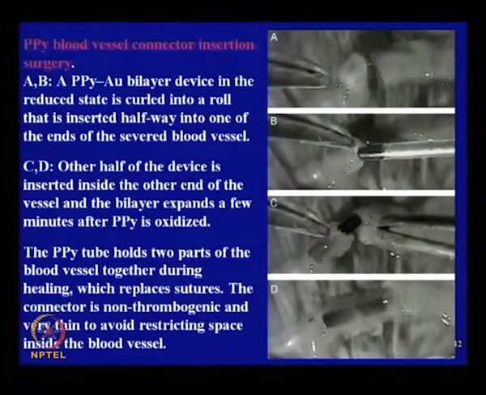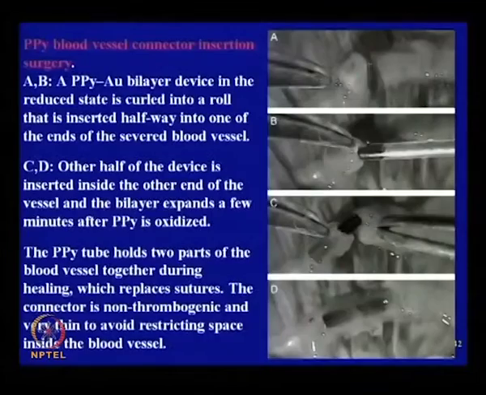In the reduced state, it is curled into a roll, and once it is curled into a roll, it looks like a tube, and that is considered as a connector, that is inserted halfway into one of the ends of the severed blood vessel. Okay. Now, the other half of the device is inserted the same way inside the other end of the vessel, and the bilayer expands a few minutes after polypyrrole is oxidized.